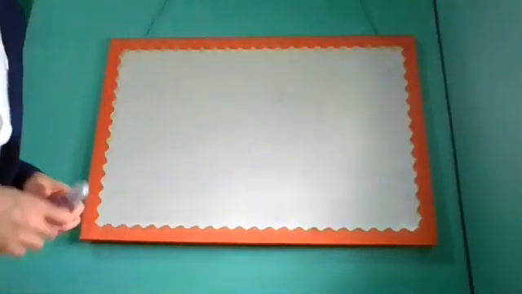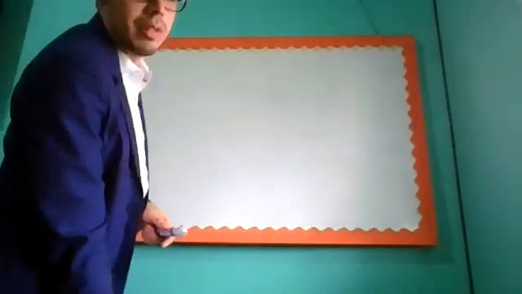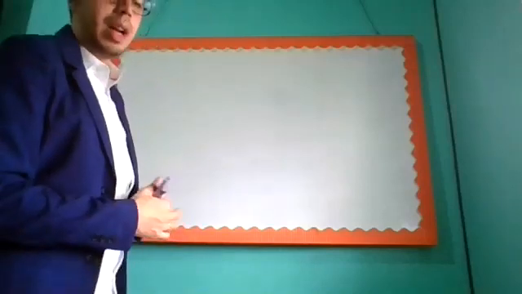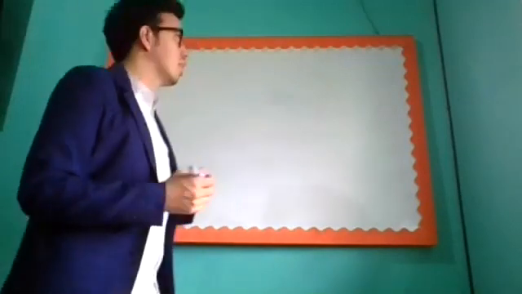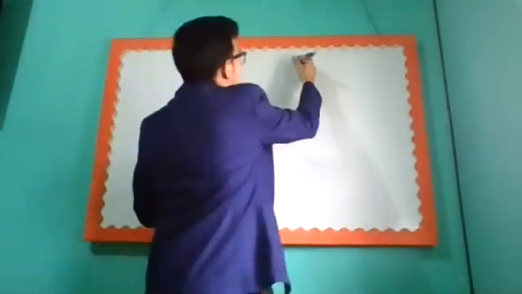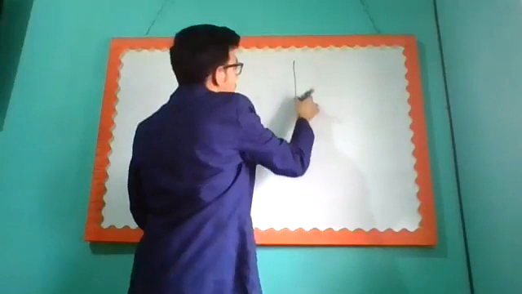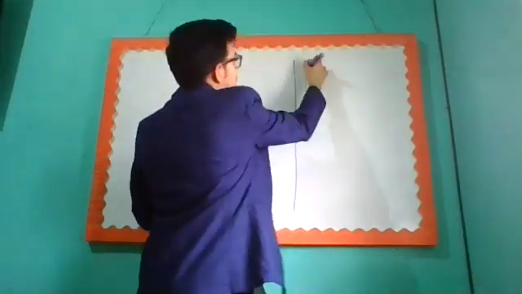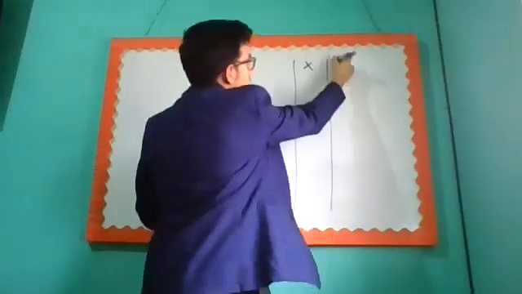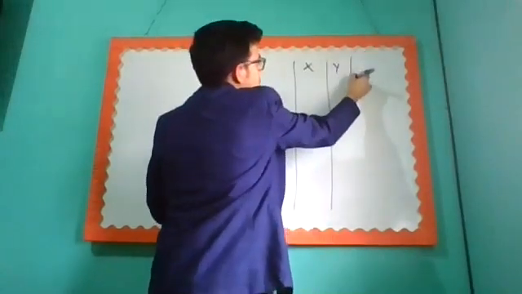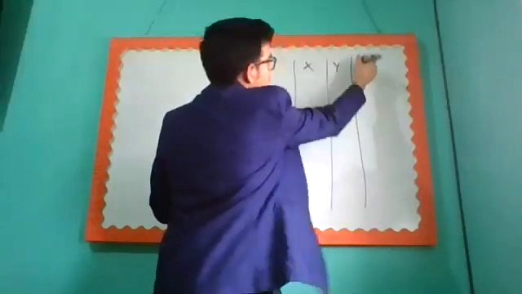First you have the table for the x, for the y, and for the division of y over x. I'm going to use this. This is for the x, this is for the y, and this is going to be y over x.